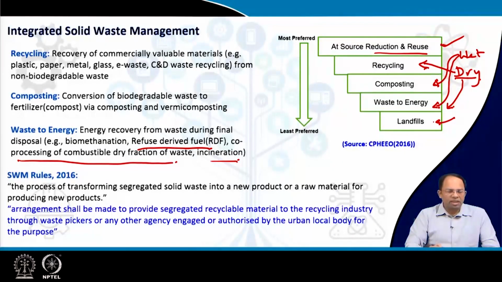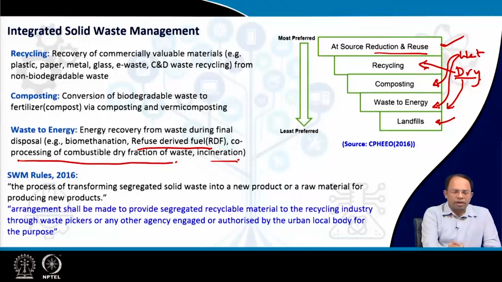So coming to the definition, recycling is recovery of commercially viable, valuable materials. Examples: plastic, paper, metal, glass, e-waste, C&D waste. All this comes under recycling programs, and this is usually from non-biodegradable waste.